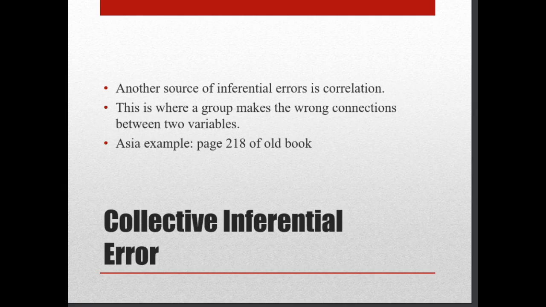Another source of inferential errors is called correlation. And if you're in statistics, right, correlation is not causation. It's a pretty powerful example. It's where you put the information together to come to the wrong conclusion. There was this example in the old textbook of a study done in Asia, trying to figure out why teenagers in a certain province had a lower teen pregnancy rate.